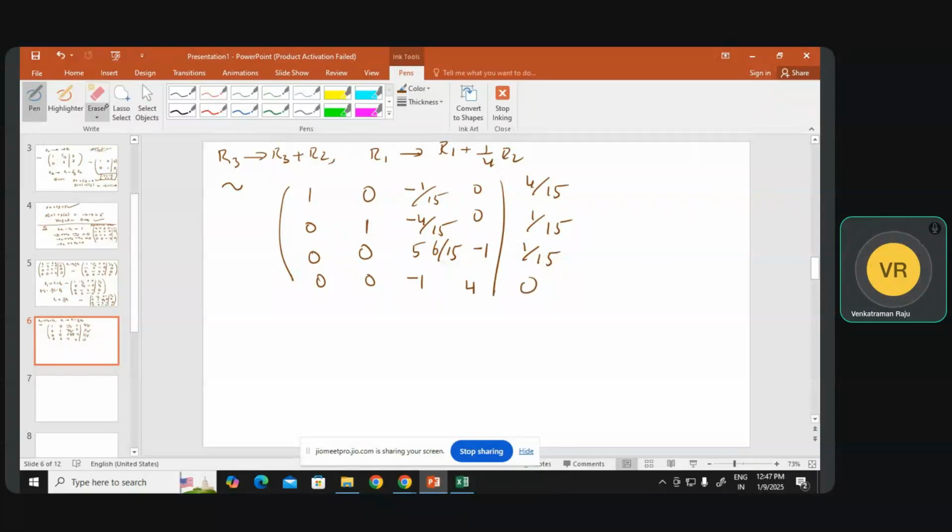So if this is not that clear, let me change it a little. 56 by 15 it should be.